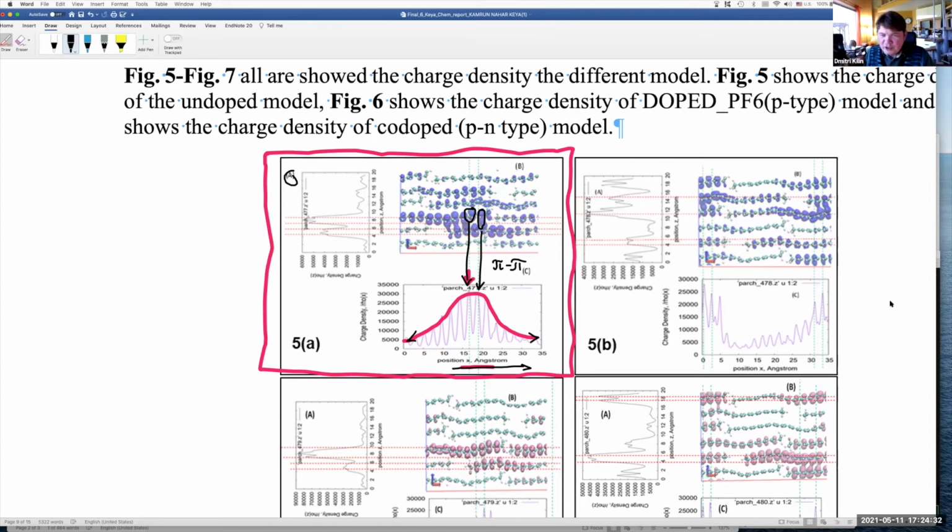So what you're saying is that if we looked over all occupied orbitals and added them together, the charge density would be equally distributed over all carbon atoms. More or less.